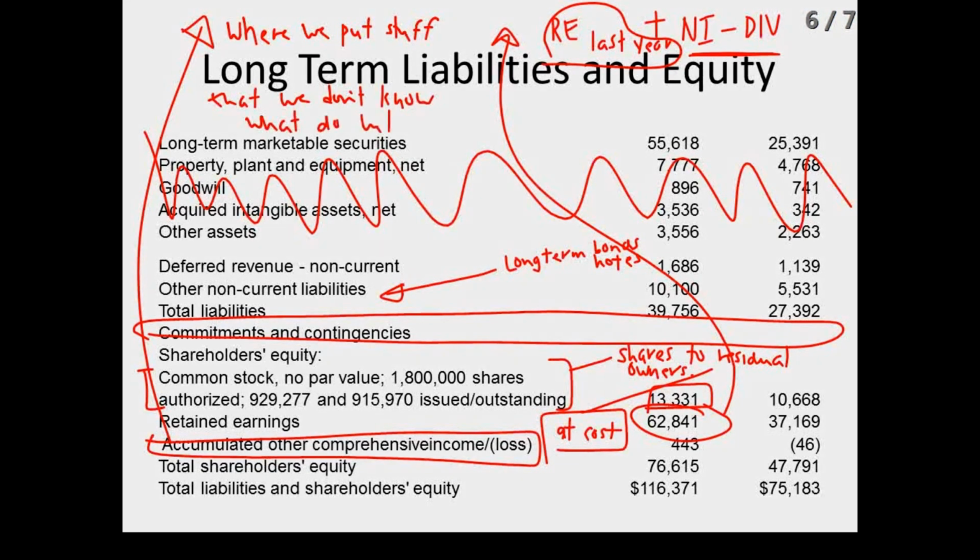Not that we don't know what to do with it in the sense that the rules say put it here, but the rules say put it here because there's a lot of disagreement about whether it should be regular income or not, and we've decided, well, it shouldn't be regular income, but on the other hand, we want to include some.